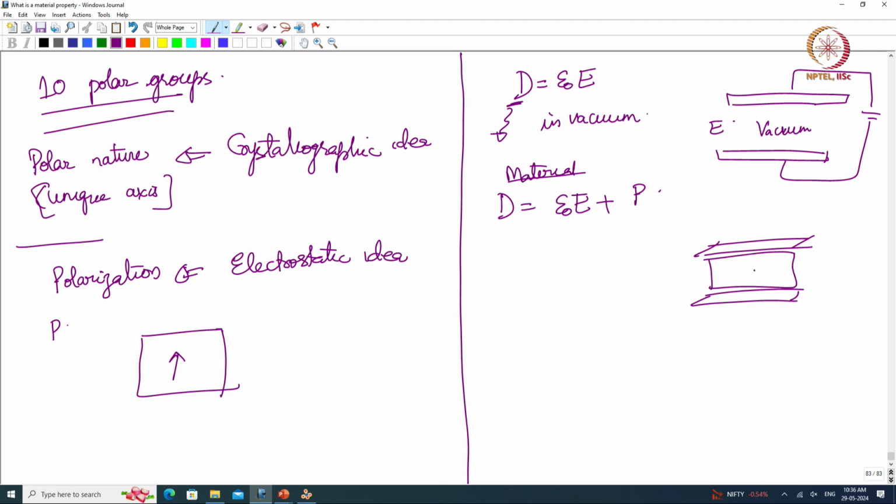The dielectric material gets polarized and puts some positive charges here, negative charges here. So on the metal, if I am measuring the charge density, to compensate for these positive charges and these negative charges, there will be some positive charges. These are free charges, these are bound charges. To compensate for these positive charges, there are going to be negative free charges on the metal.